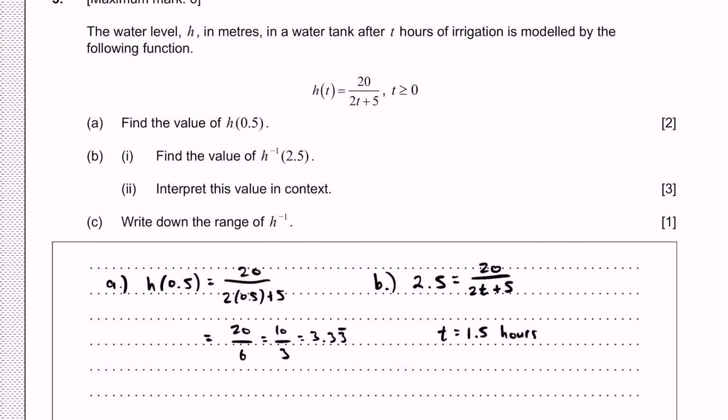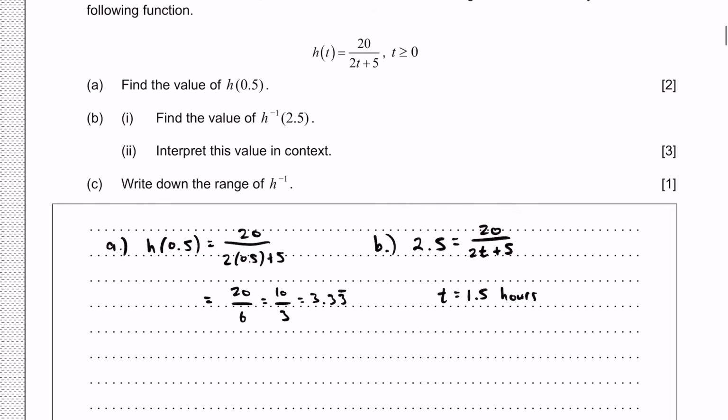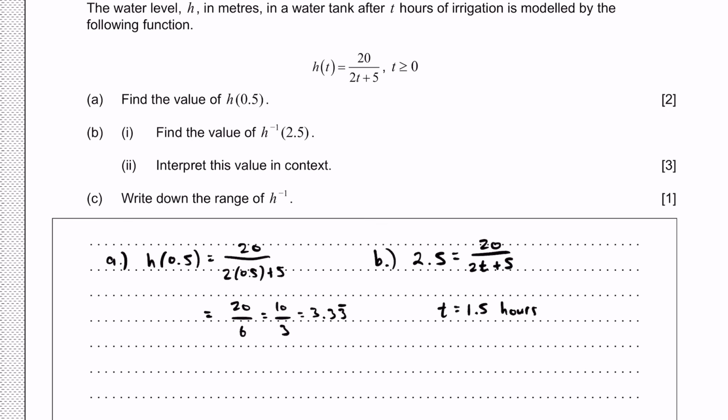All right. Part B, this is part 2 of part B. Interpret this value in context. I think this is actually a nice question because it gets to the heart of what inverse functions do, and I guess functions in general. In this case, inverse switches inputs and outputs. We said, okay, our output is 2.5. What's the input?